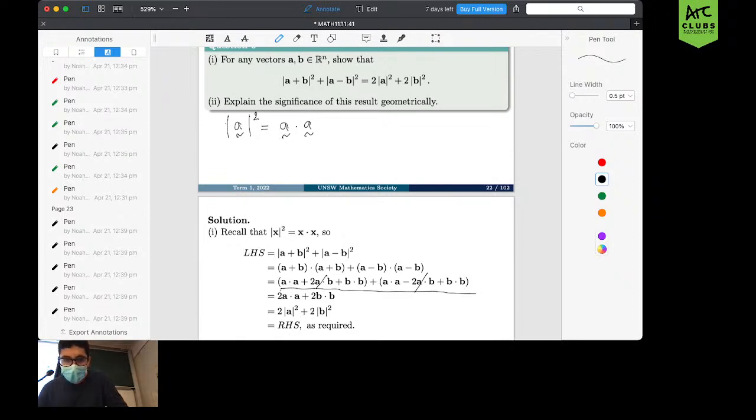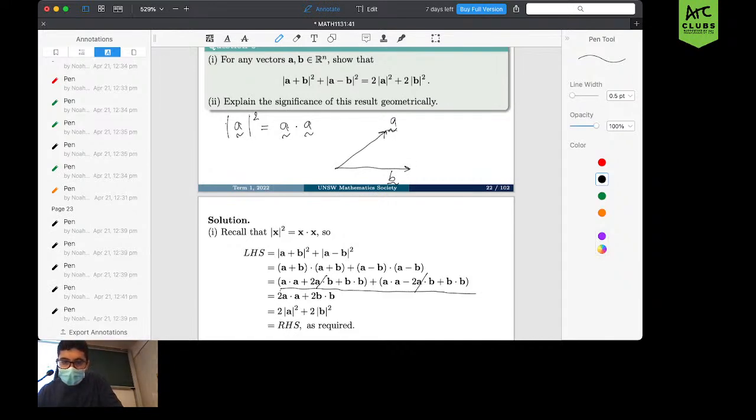So, explain the significance of this result geometrically. Well, say we draw 2 vectors. So that's our vector A. That's our vector B. Well, we can actually complete the parallelogram.